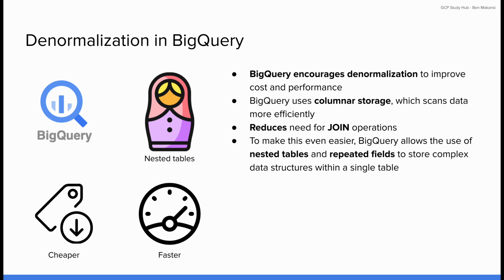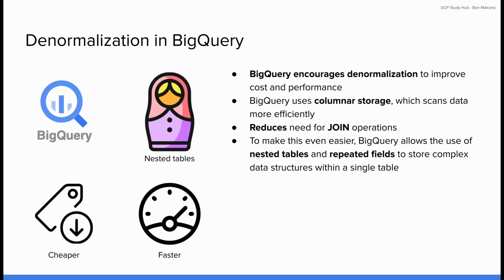That's why I've added the icon of a Russian nesting doll here. It just kind of represents how you can nest tables within other tables, keeping related information together in a compact format. So nesting tables is possible in BigQuery, and we will look at that more shortly.